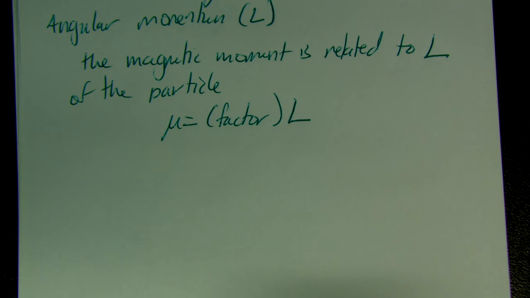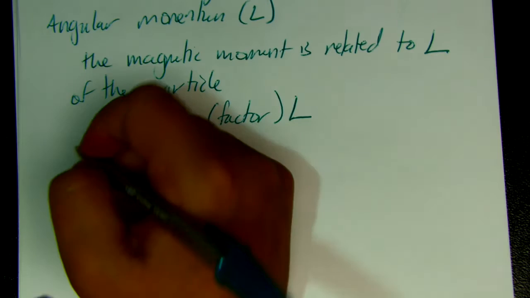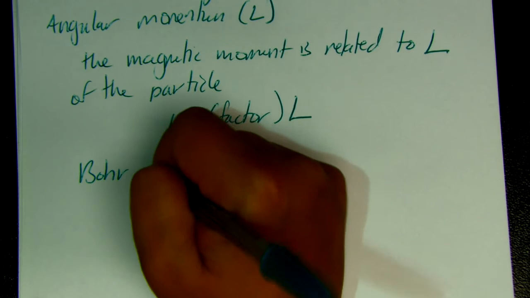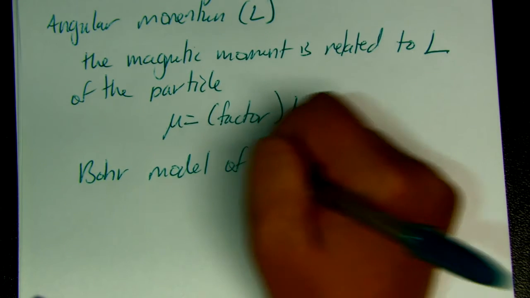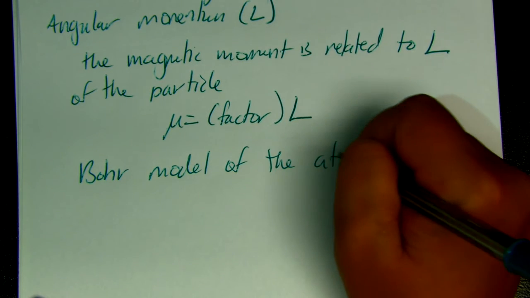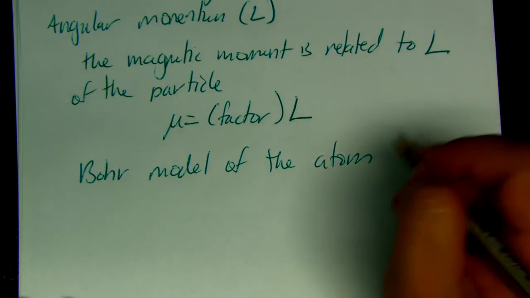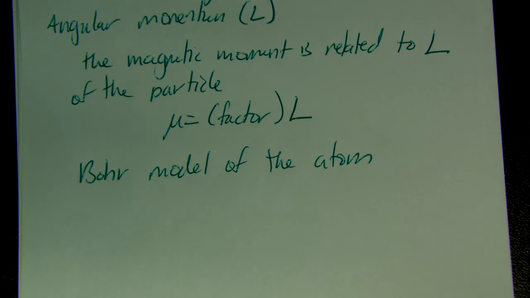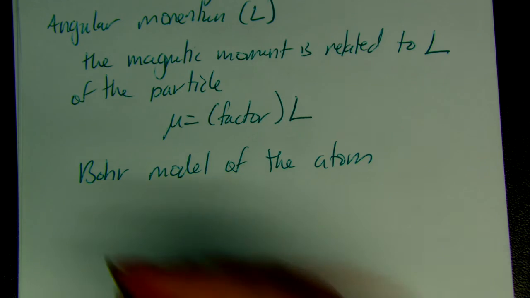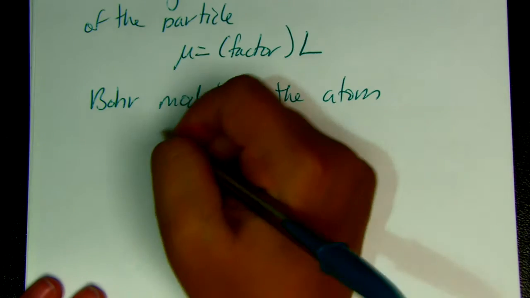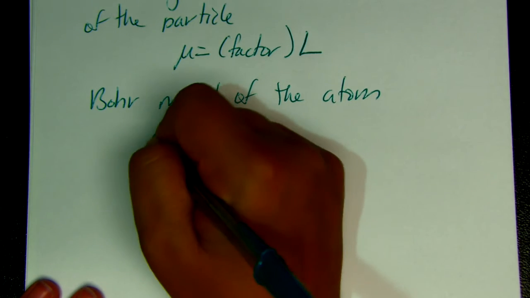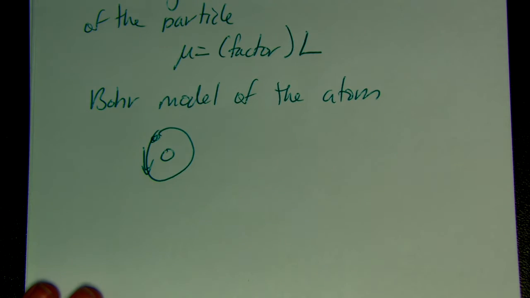We're going to use some really simplistic models, which we're going to see are good enough. We're going to use the Bohr model of the atom, because if we were to think about these quantized electron clouds as a wave, that's really hard to model in our heads, but we could think of an electron spinning around an axis. That is way more doable.